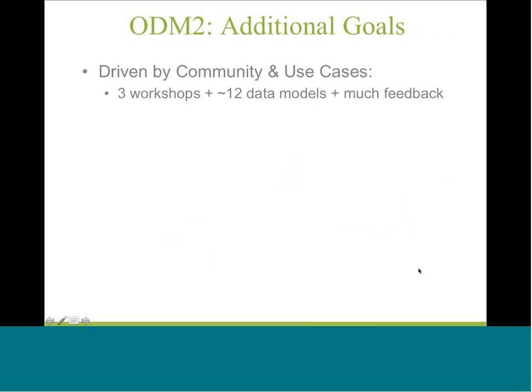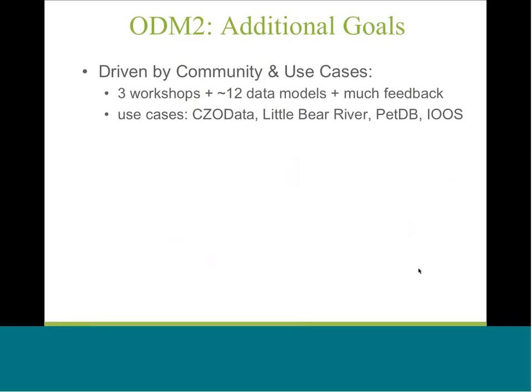So we had some additional goals that were very important to ODM2. The first one was that it was going to be driven by our community and our use cases. To date, we've had 3 workshops. We have looked carefully at over a dozen different data and information models, and we've received quite a bit of feedback.